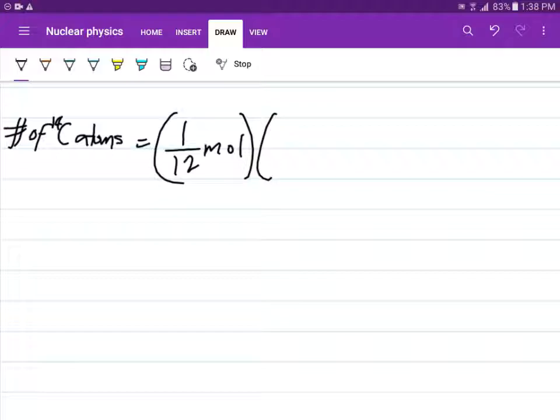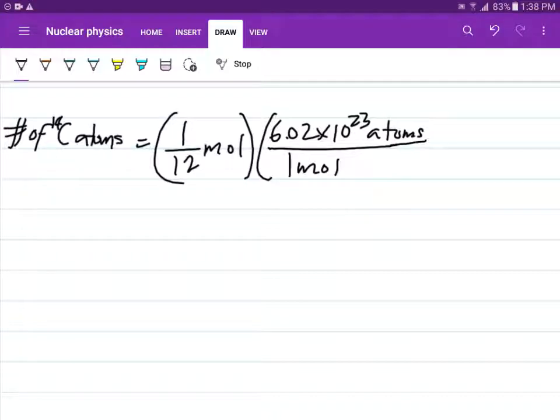And for 1 mole of carbon-12, we have 6.02 times 10 to the 23 atoms in 1 mole of carbon-12.